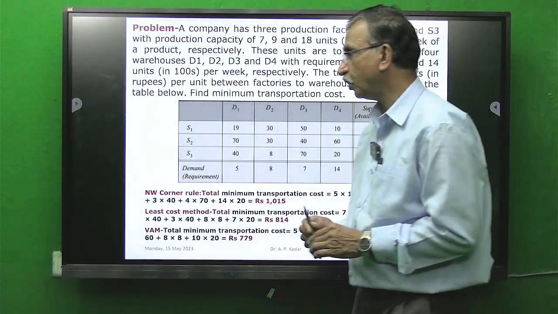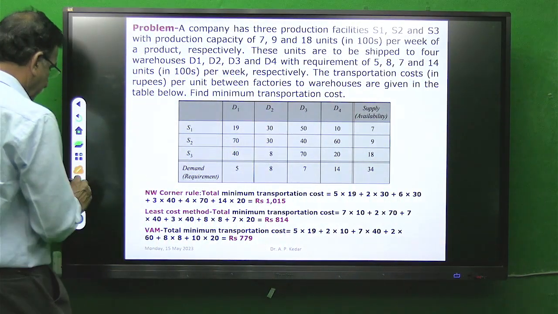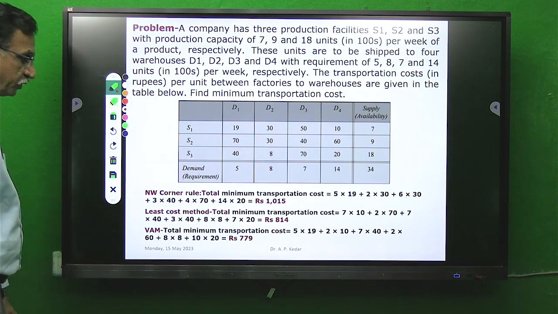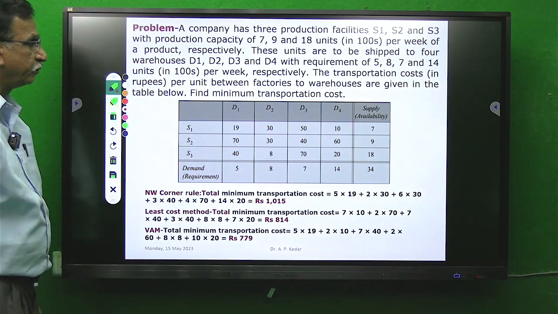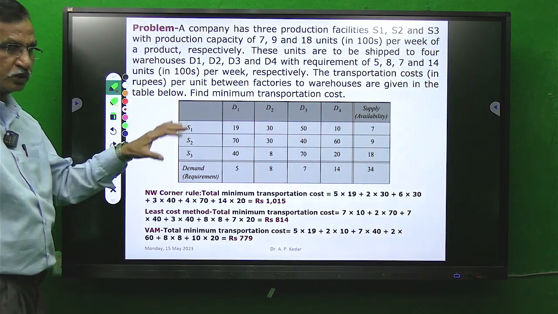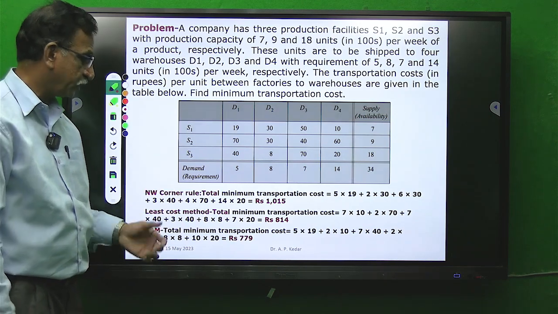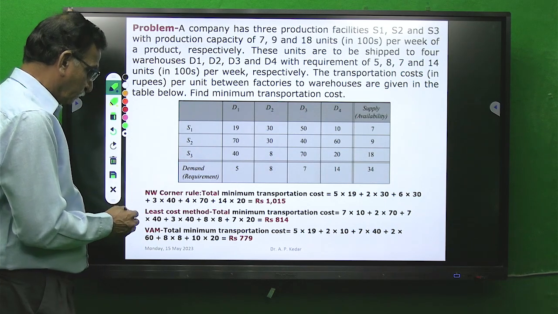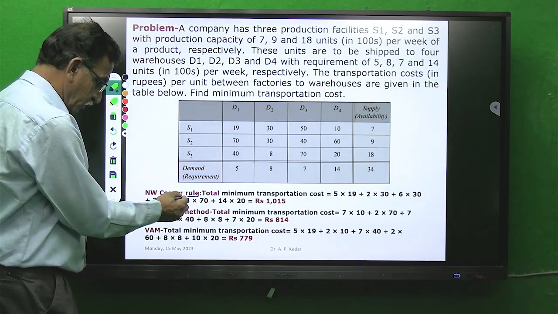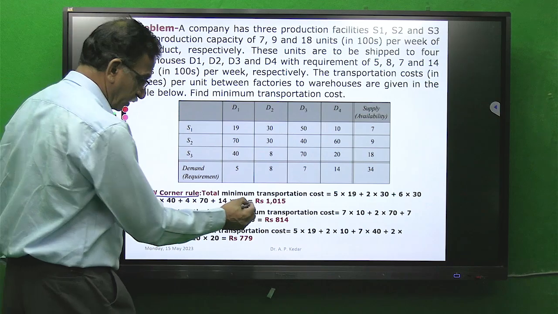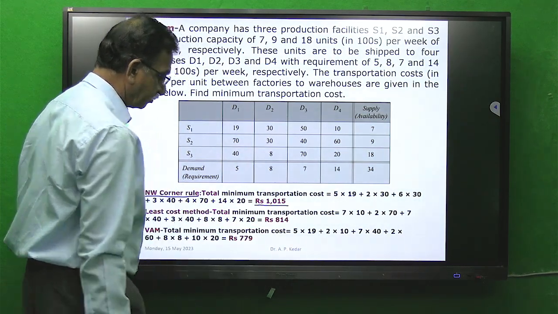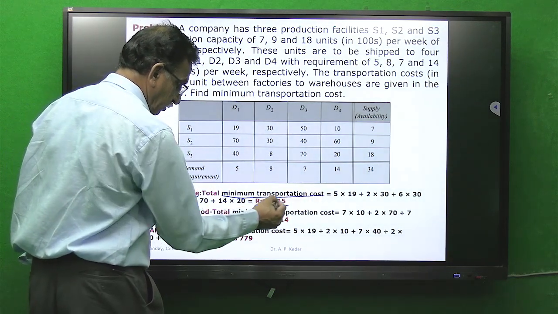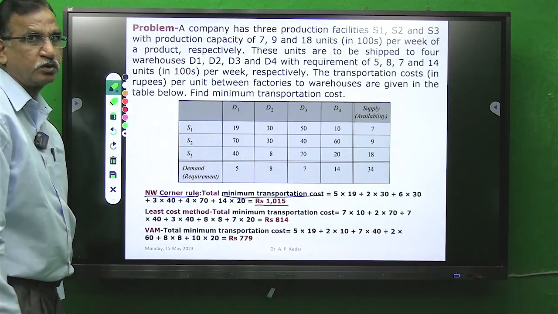If you recall our last lecture, for this given problem we have seen the steps involved in finding initial feasible solution. And here you can note, by northwest corner rule, which we solved in the last lecture, we got initial solution of minimum transportation cost as rupees 1015.